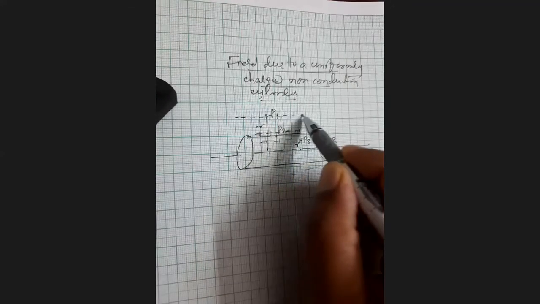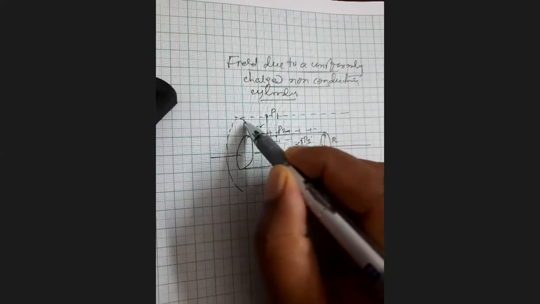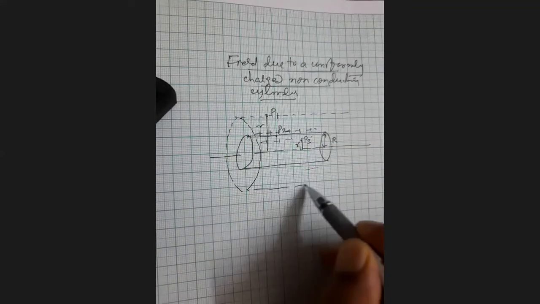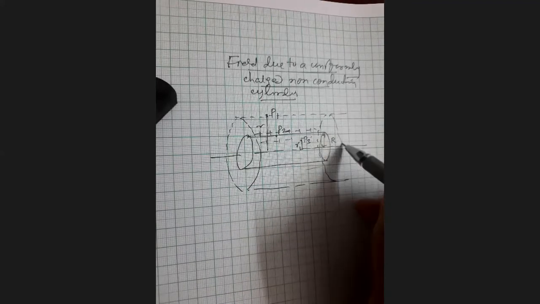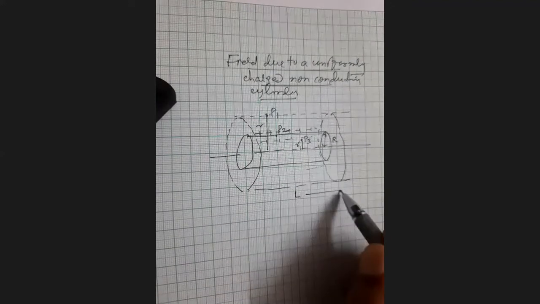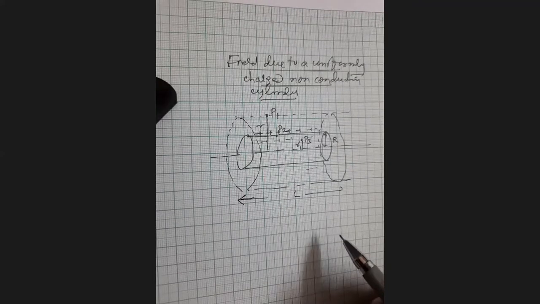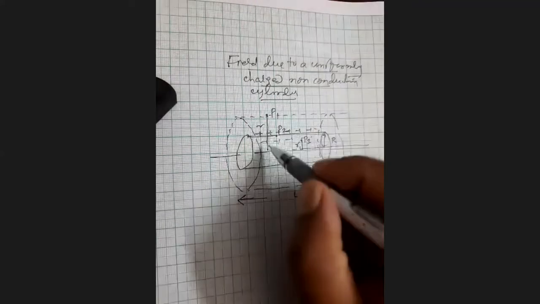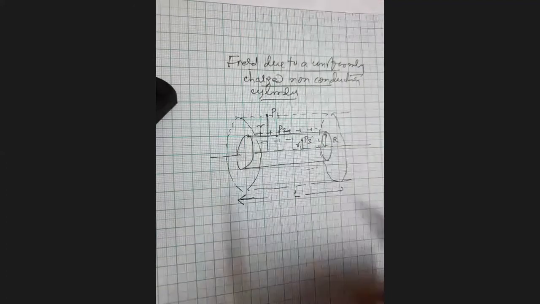To find the field strength at the point P1, you construct the Gaussian cylindrical surface like this. The cylinder length is capital L, and its radius is r.